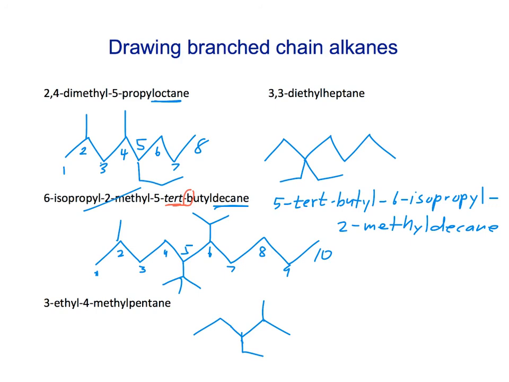Well, not really. In this case, this really should be numbered this direction, shouldn't it? Because that puts the first group at position 2. And so this really should be 3-ethyl-2-methyl pentane.